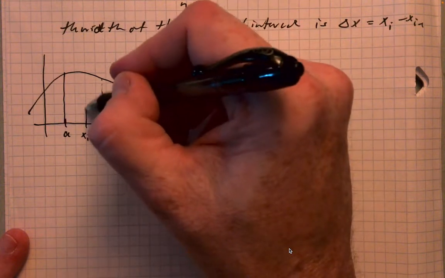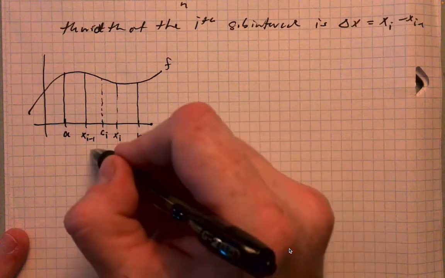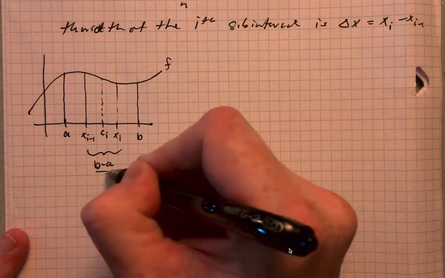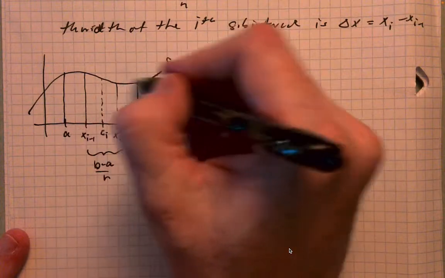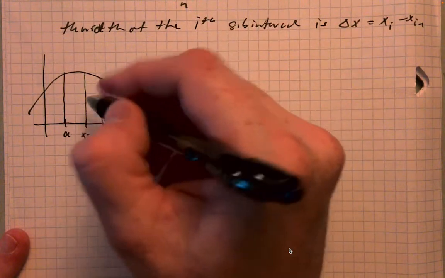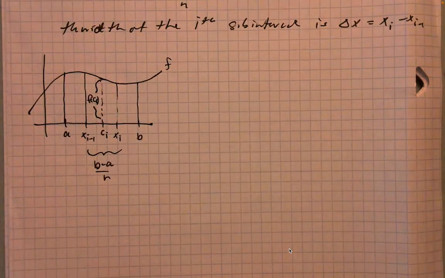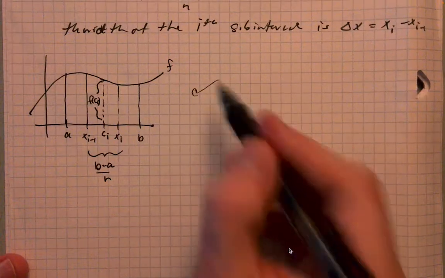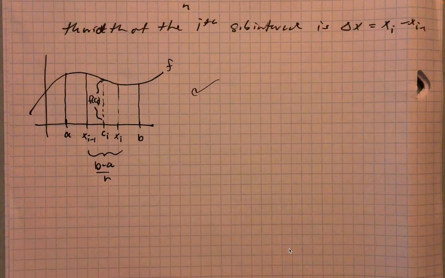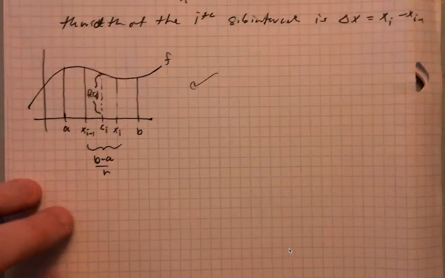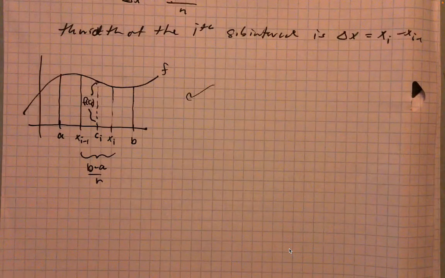The width here would be b minus a over n, and f of ci is that height right there. Very good. That's basically the same derivation as what we just did, just even more general language, sort of summing it all up.